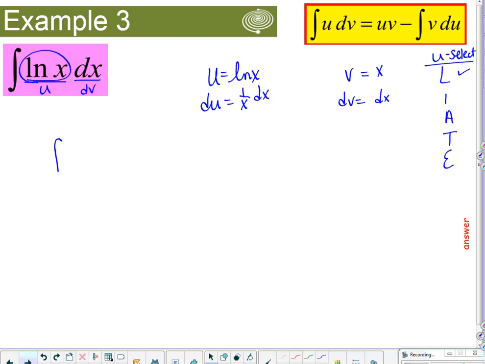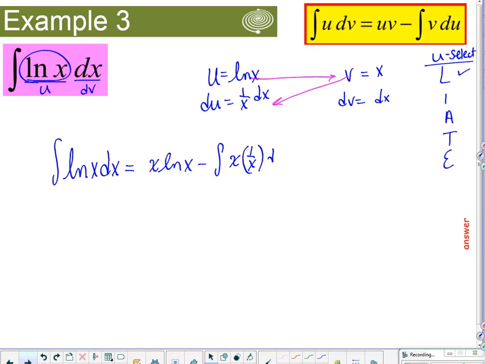Now, to take the integral of natural log x dx and set it up, u times v will give me x natural log x minus the integral of v times du, x times 1 over x dx. Simplify, we get x natural log x minus the integral of dx. Continue on our path here, and the integral of dx is x plus c.